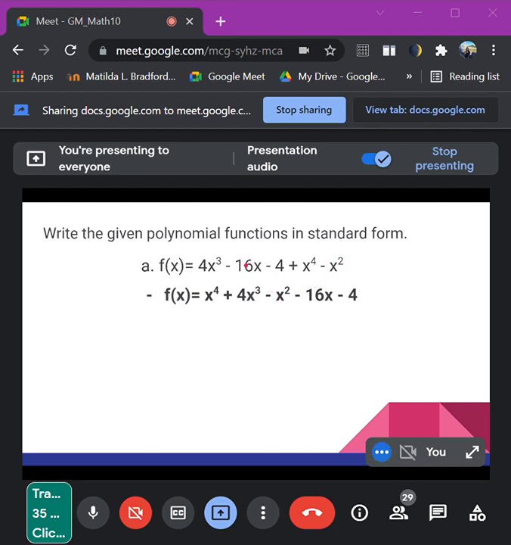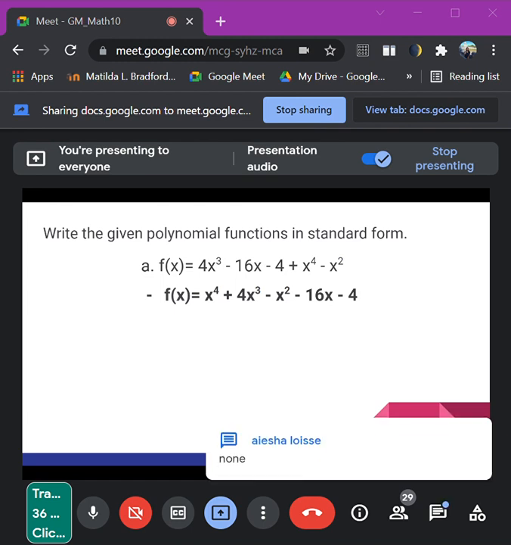The negative 16x, that is also negative 16x, and then minus 4. Okay, so that is our answer for letter A. Sige, questions for letter A.